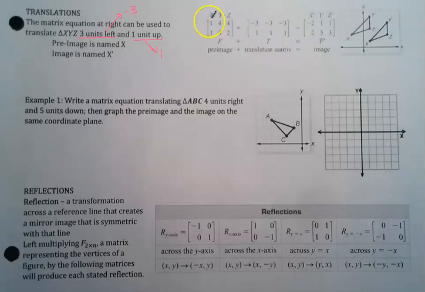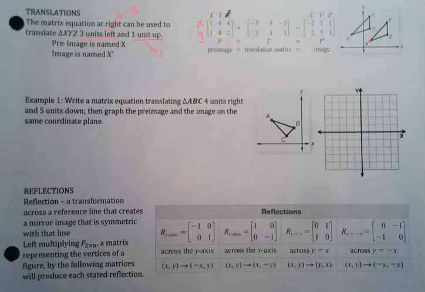So notice, we have our X, Y, and Z points. This is our X coordinate and our Y coordinate. So for X, it's at 1, 1. That's where this point came from.